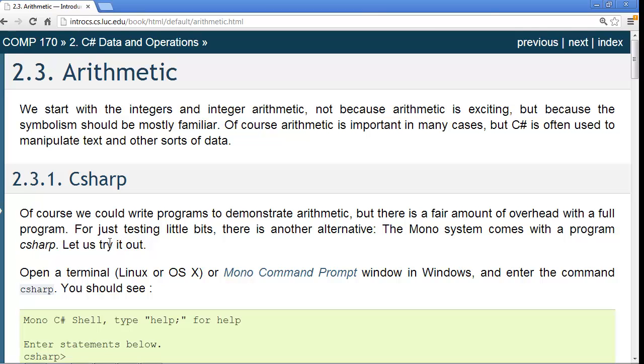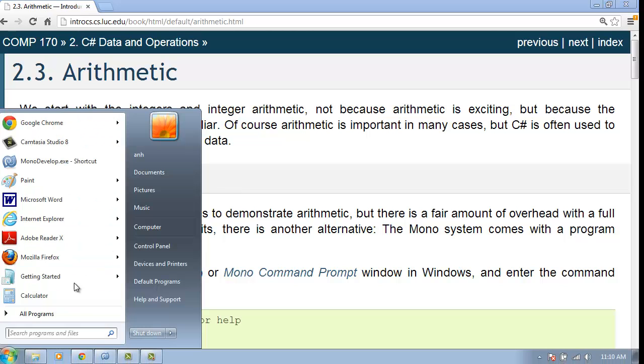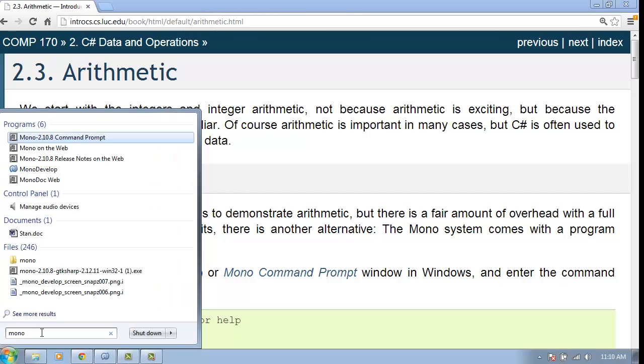Let's try it out. Now I'm on a Windows machine and illustrate how I can do this. On the Windows machine, I need to open a special kind of terminal or console window. And one way to find it is by typing in mono after I typed the start key. And then you see mono command prompt.